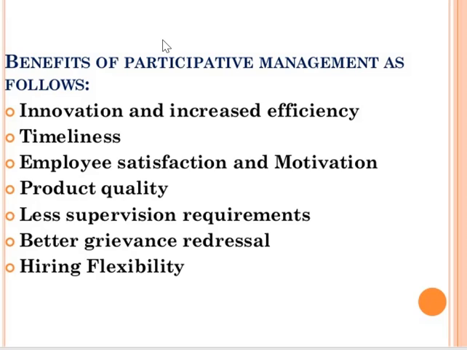Now let us look into some of the benefits of participative management. Starting with the first one, you always get good innovative ideas that increase efficiency. The problem solving process and openness to new ideas can result in innovation.